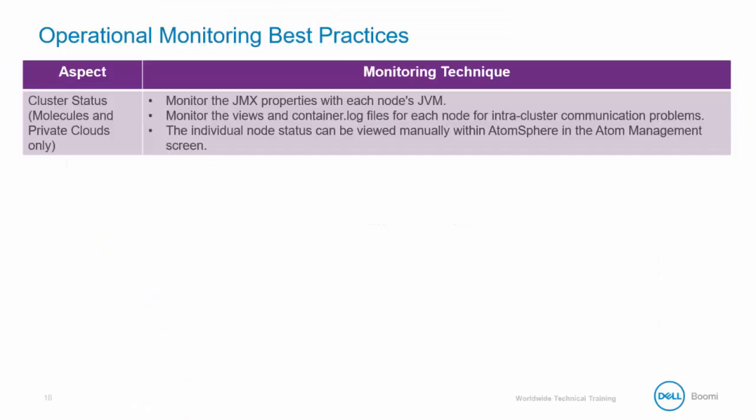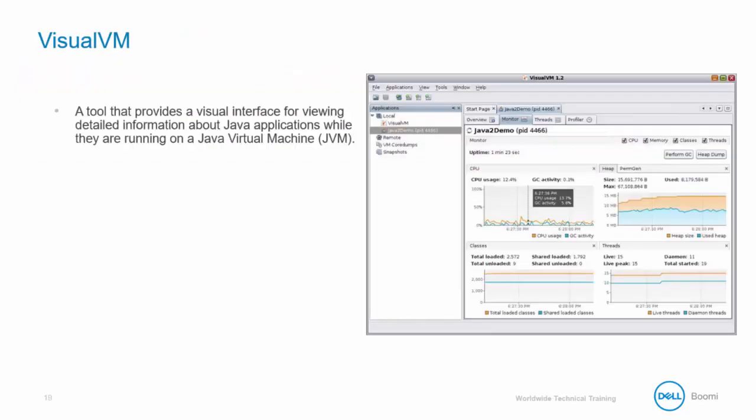And one last consideration here, if you have a molecule or private atom cloud, the JMX properties can run on each node JVM. You can also monitor the container.log files on each node, which can give you insight into cluster communication. Let's take a look at some third-party tools as well and how they can help you out.